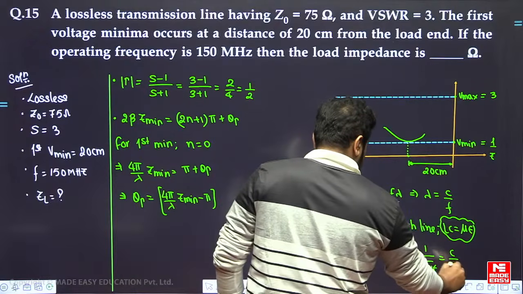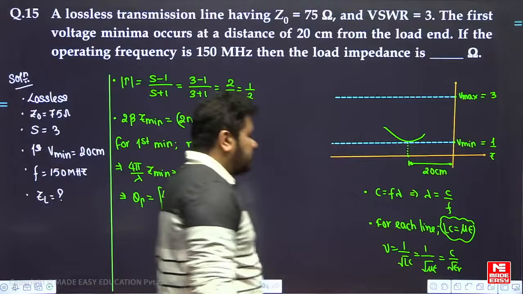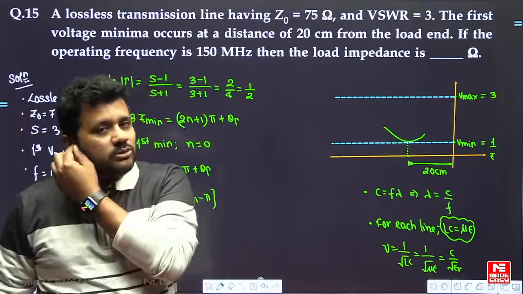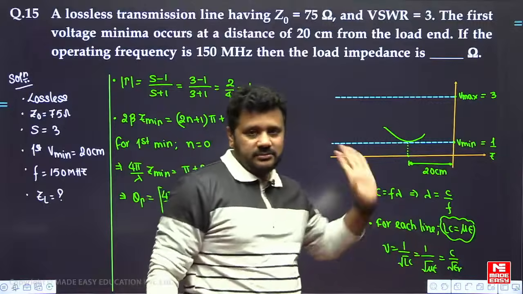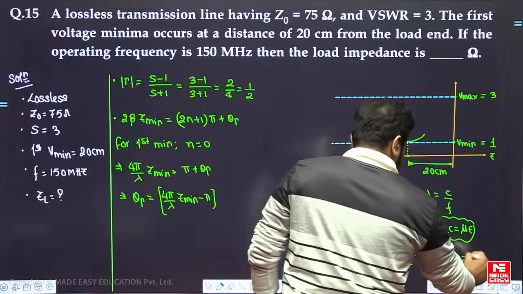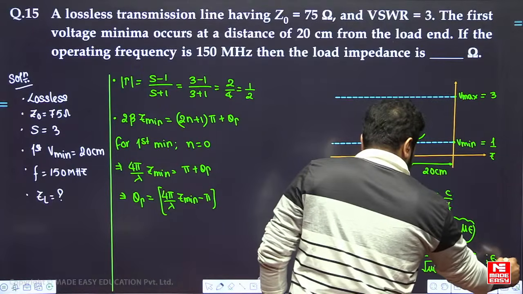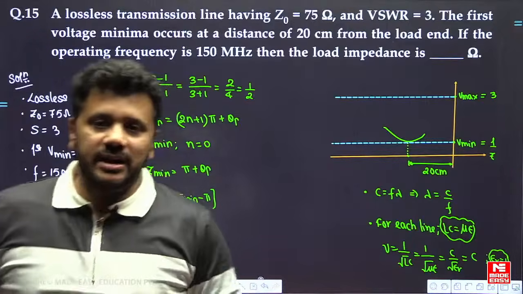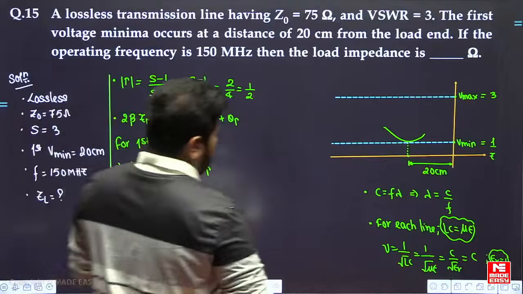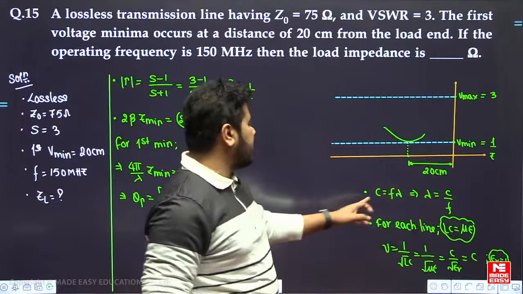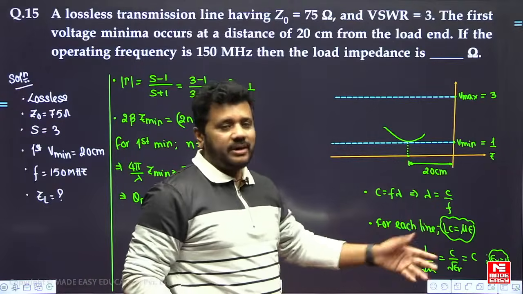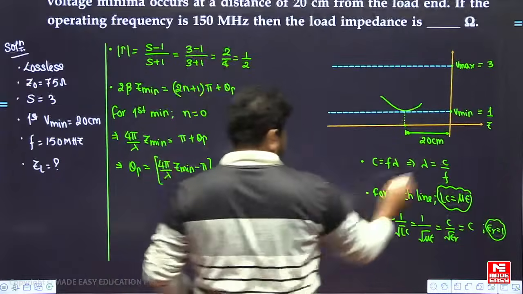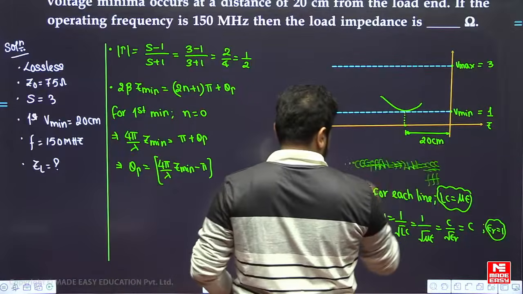This is nothing but C upon root epsilon r. Here they have not mentioned anything about epsilon r, so I will take it to be 1. So V will become C. We know the formula V equal to f lambda, so instead I have used C equal to f lambda. Now it is clear.